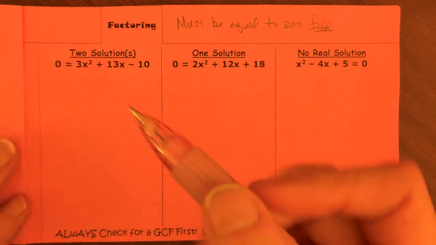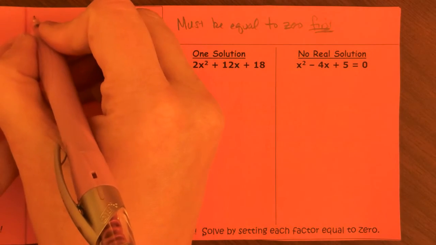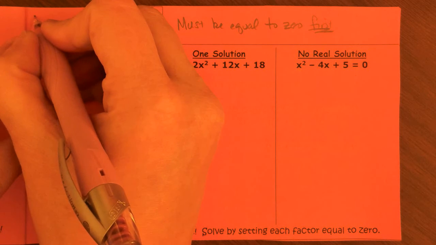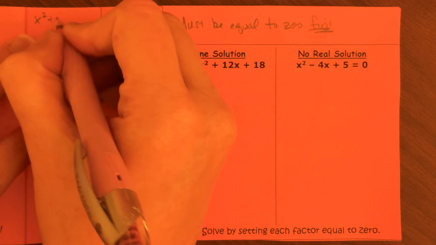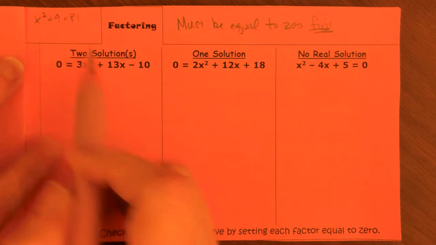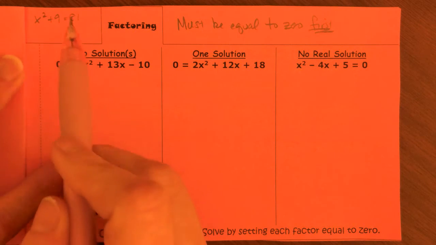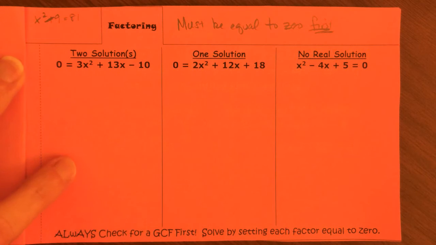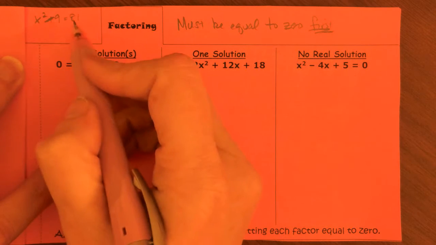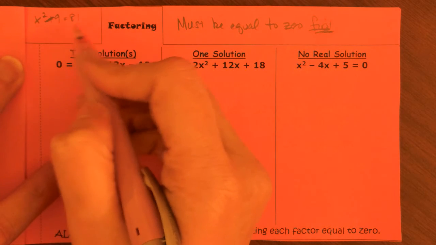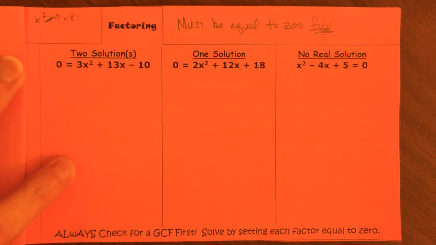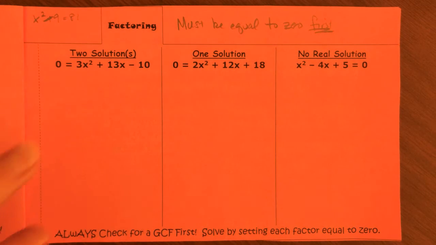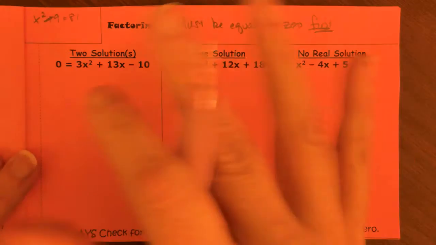Like, for example, there was a problem on yesterday's homework where it said, I think, x squared plus 9 equals 81. We wouldn't be able to use factoring for this strategy. It might have been x squared minus 9. I think it was x squared minus 9 equals 81. We would have to move that 81. We would have to get it set equal to 0 before we could use factoring to solve this problem. Okay? So it has to be equal to 0 first. That's like the first rule.